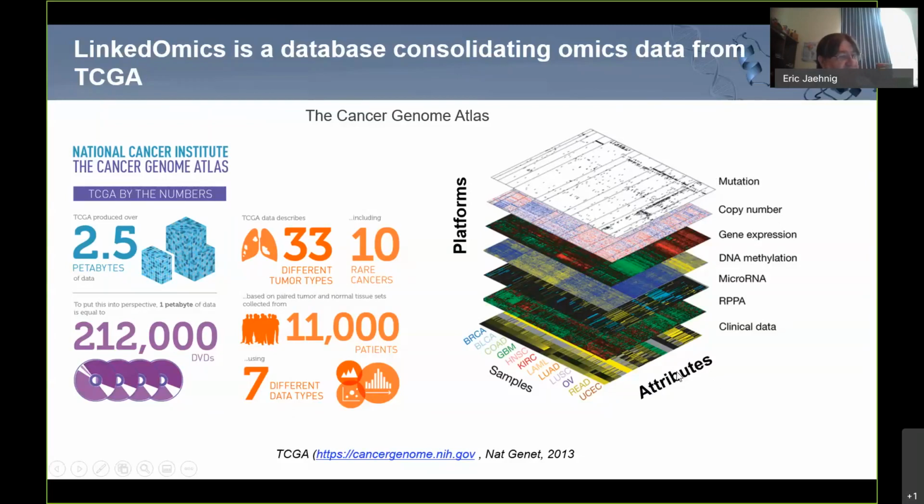What I want to draw your attention to right now is one of the data types here, RPPA. This was TCGA's effort at collecting proteomics data. It involved protein arrays. RPPA stands for reverse phase protein arrays, which only allows you to actually measure a very limited number of proteins at the same time.